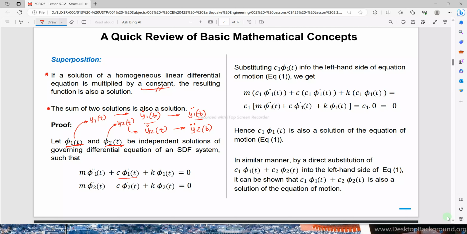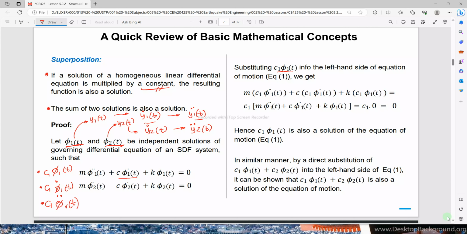Now let's say we have a constant, so we multiply a constant C1 to our phi1 of t. It is a similar concept to earlier. If you have phi1 of t and you apply the constant there, and take its first derivative, you will still have C1 phi1 dot of t, and if you differentiate another step, you have C1 phi double dot 1 of t.